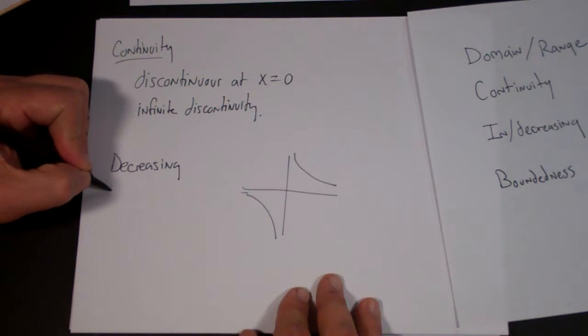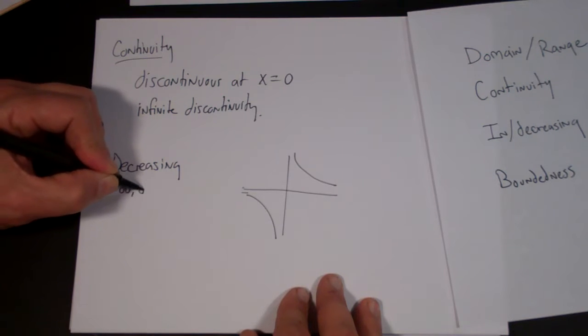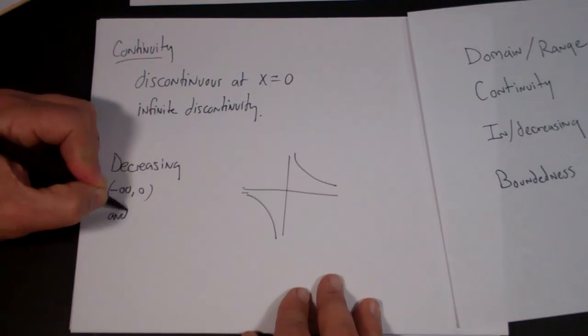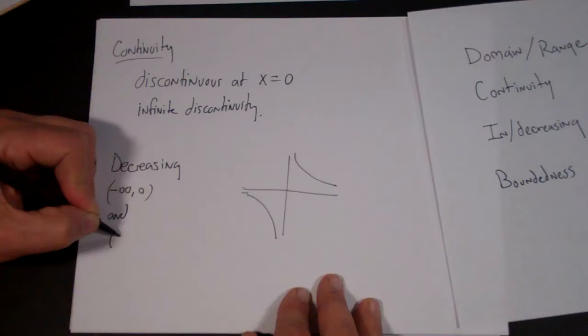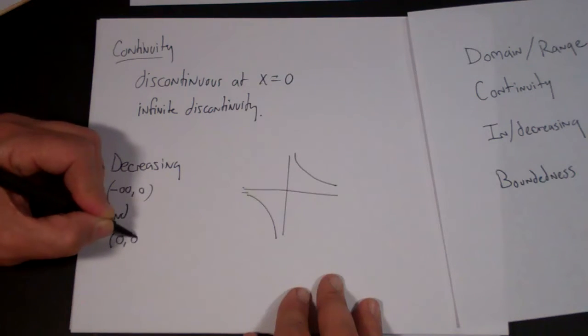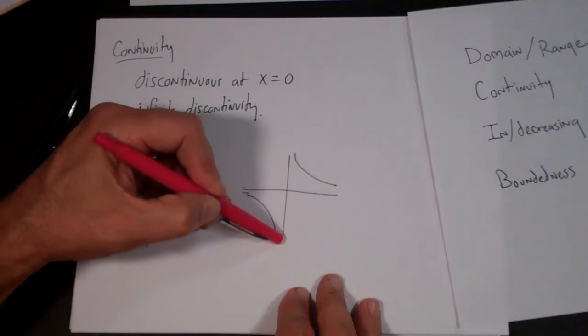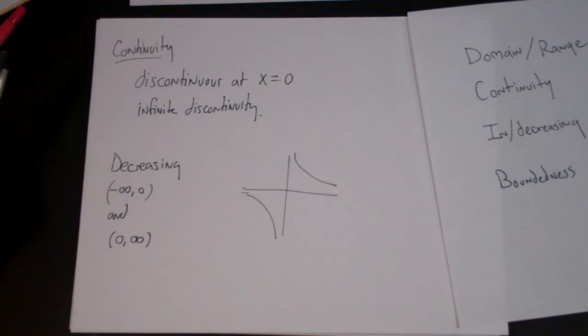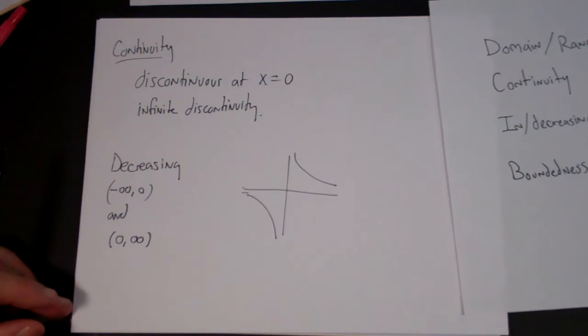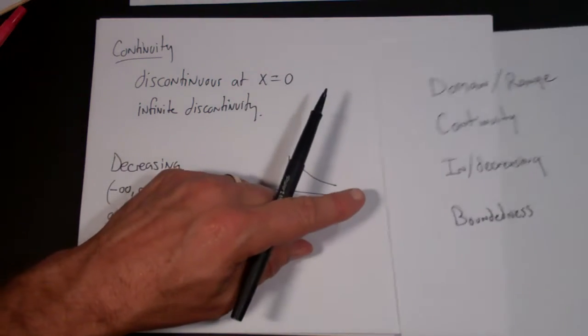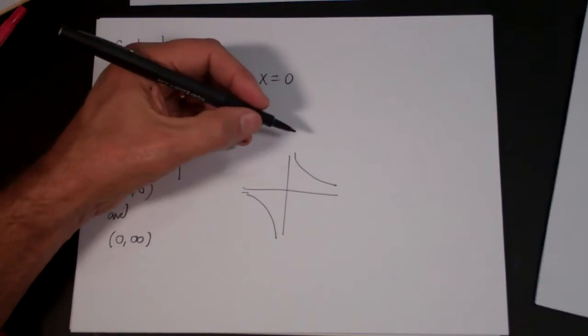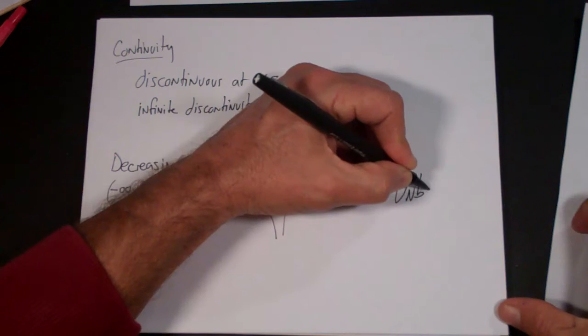You can say that it's decreasing from minus infinity to 0, and it's decreasing from 0 to infinity. And now let's look at boundedness. This is an unbounded function.